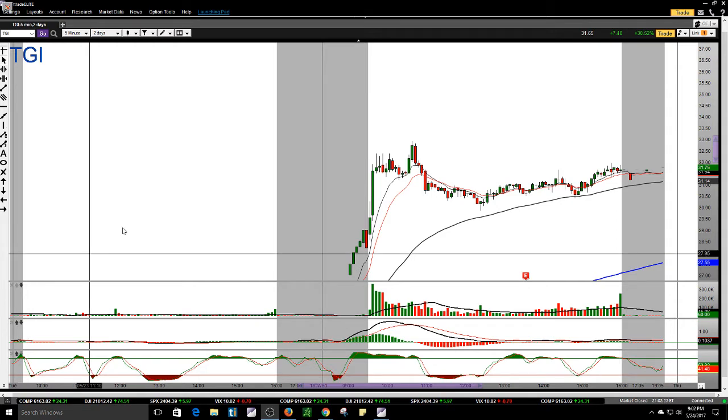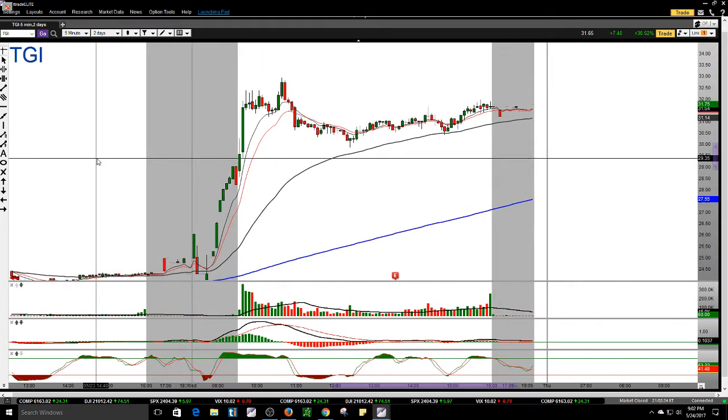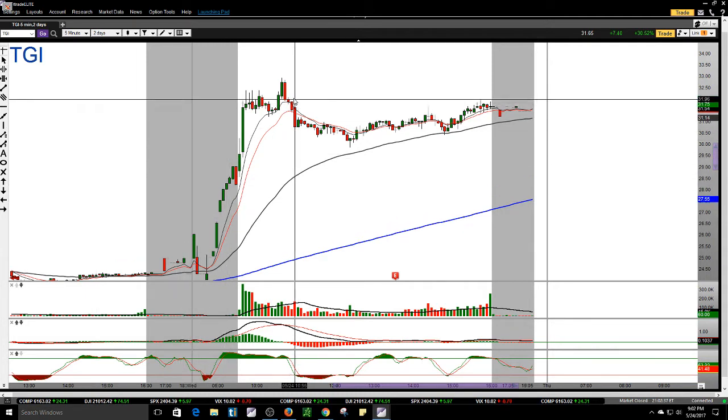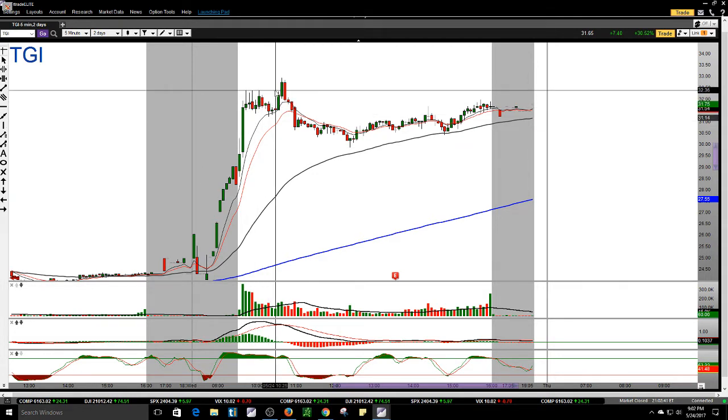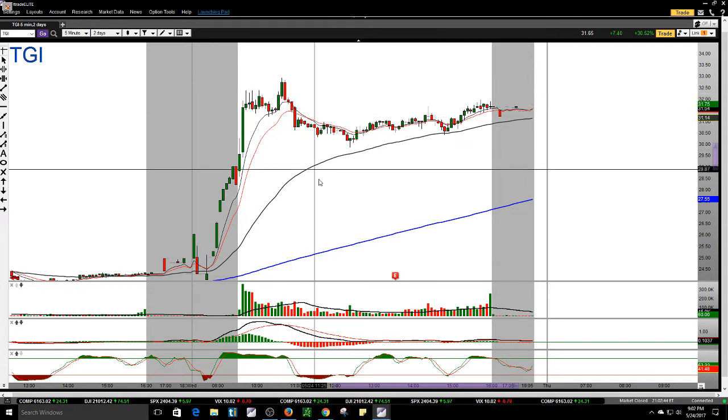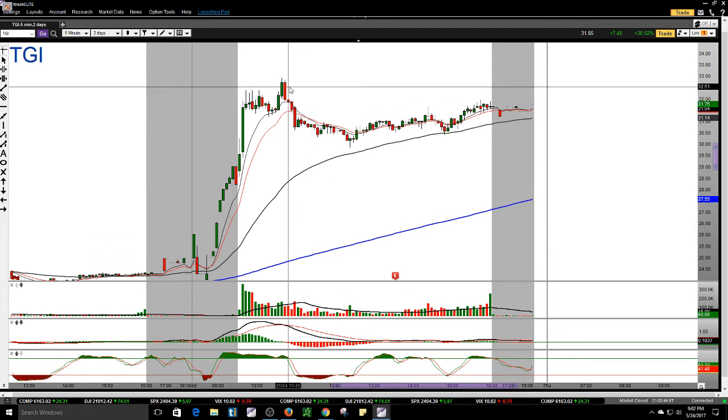So when you're dealing with Fibonacci, a lot of people, when a chart pulls back on them, especially a nice bull chart, like say this one here, this TGI. The trade was for a short. The short on this trade wasn't necessarily for a flush, it was merely for the pullback.